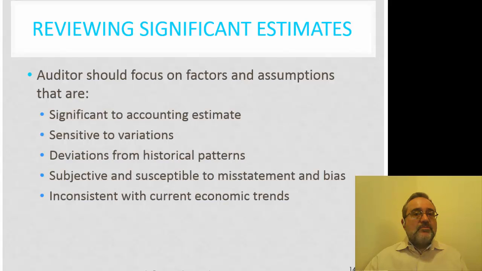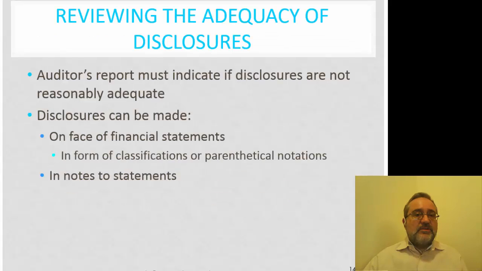We're essentially making sure that management is not using these estimates to what we call manage the earnings. These are critical elements within what we're doing within the audit, and in fact is probably one of the most significant things that we can do in terms of making sure that the financial statements are presented fairly.